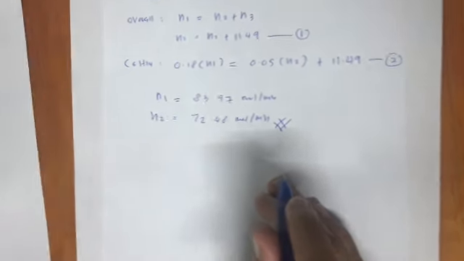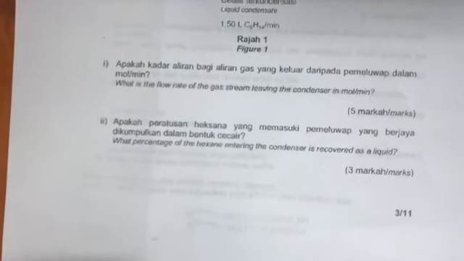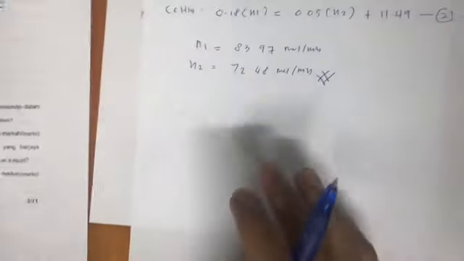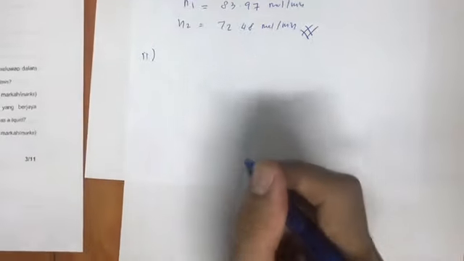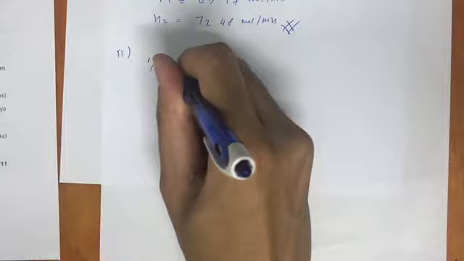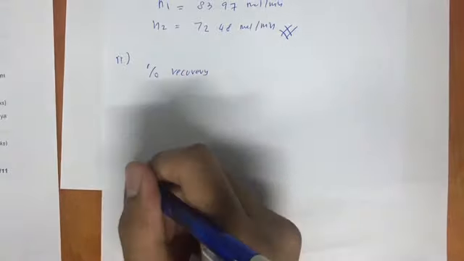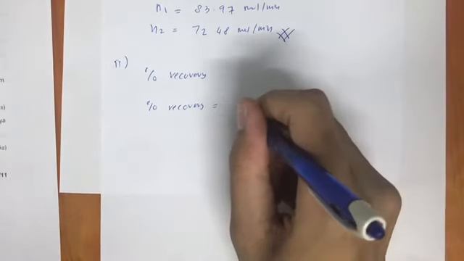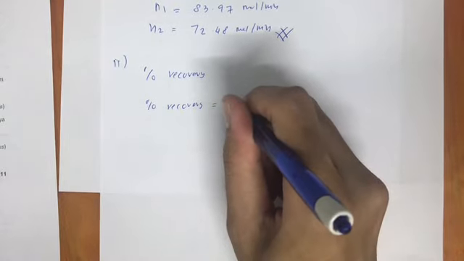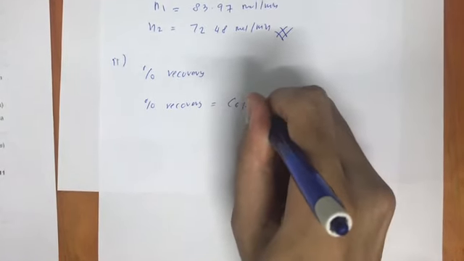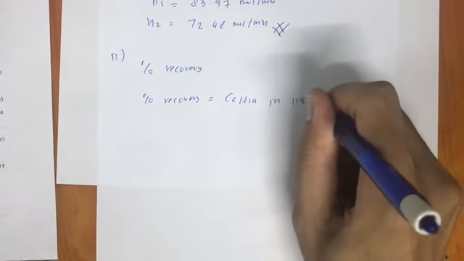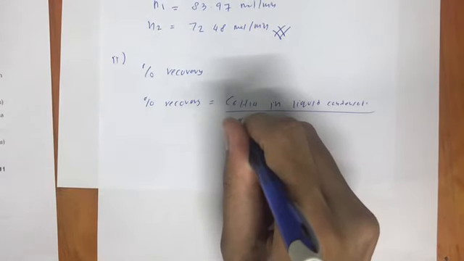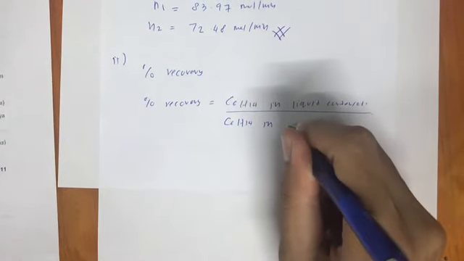So let's look at the second question. What percentage of the hexane entering the condenser is recovered as a liquid? In this question, it requires us to find the percent recovery. Percent recovery can be defined as the hexane in liquid condensate divided by hexane in fresh feed.